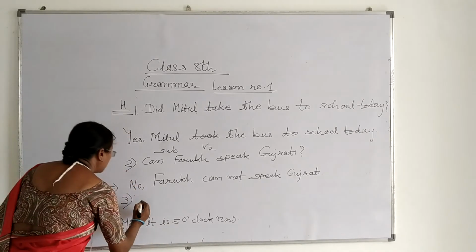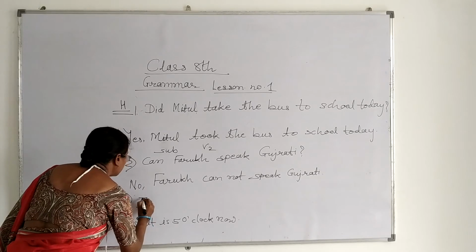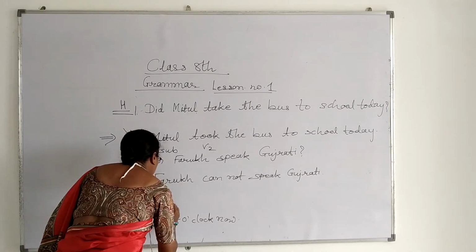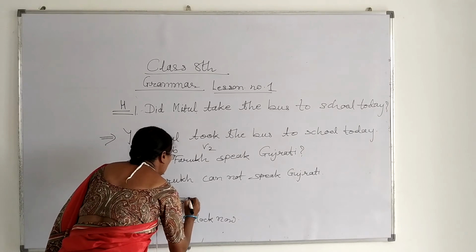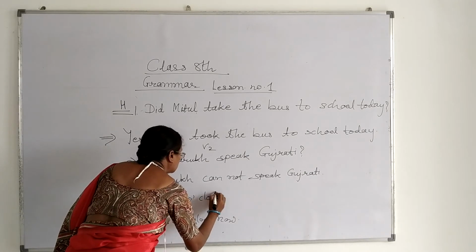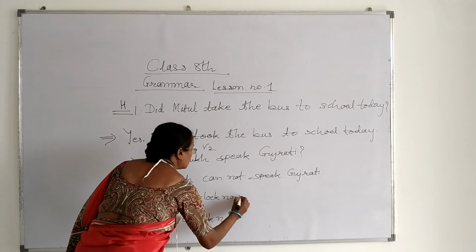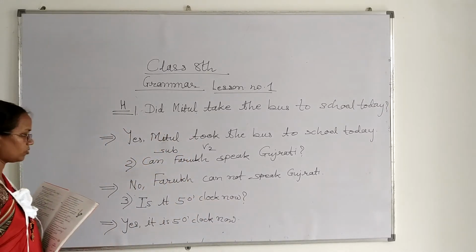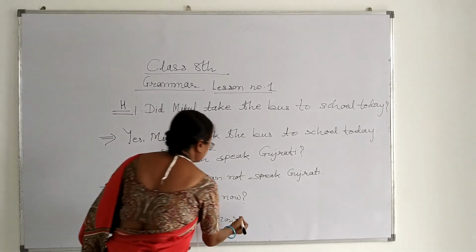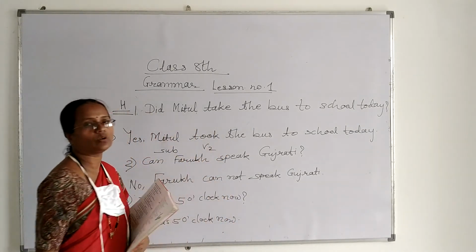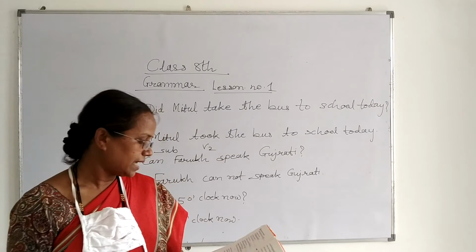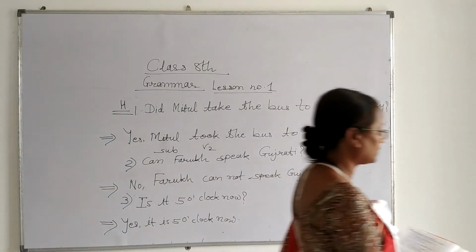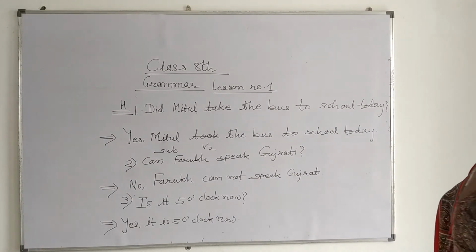Is is the helping verb in the sentence. Bring it in front. Is it 5 o'clock now? Question mark. Is it 5 o'clock now? Yes, it is 5 o'clock now. Okay, students, so the rest of the questions you have to try on your own, and we will start question tags. You have to note these.